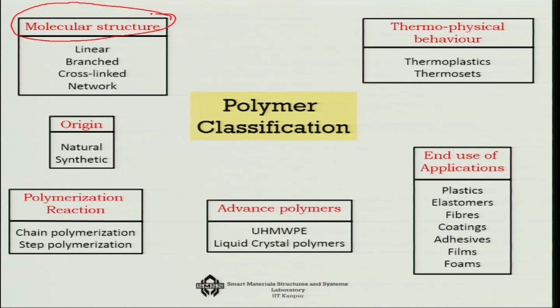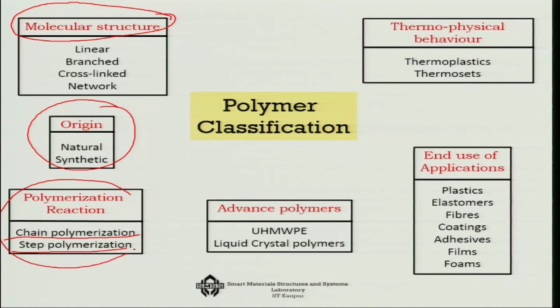If you look at it from the origin point of view, you can very simply divide polymers into two types. One is having natural origin, so natural polymers, and the other is synthetic polymers. And then from the polymerization reaction point of view, that means how the polymer is developed, two most important types are chain polymerization and step polymerization.